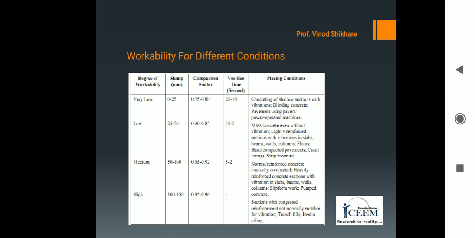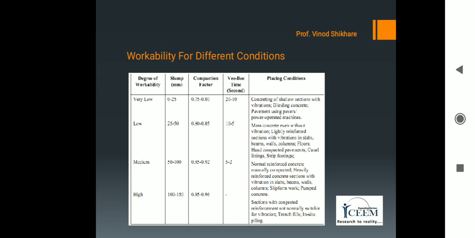For high degree of workability, the slump value is 100 to 150. Compaction factor is 0.95 to 0.96. There is no VB time specified for high degree of workability.